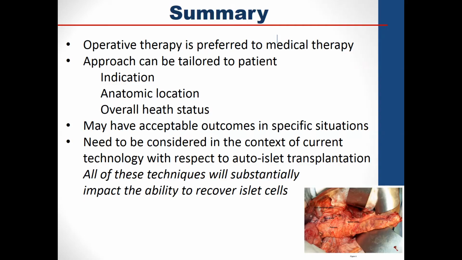So that's a lot in a little bit of time, but the bottom line is that the operative therapy is clearly superior to medical therapy for chronic pancreatitis. And it really requires an approach tailored to the patient. Overall, the results are what they are.